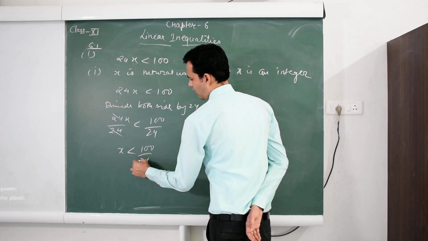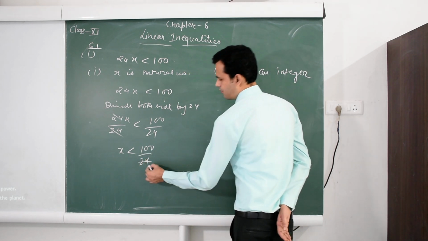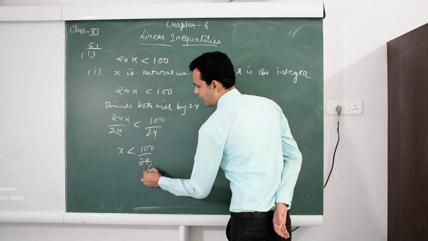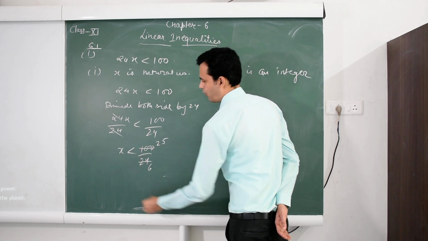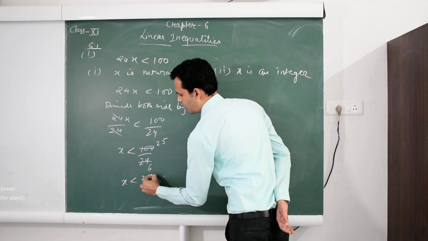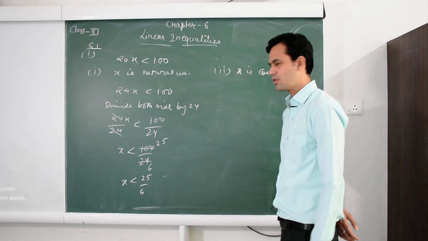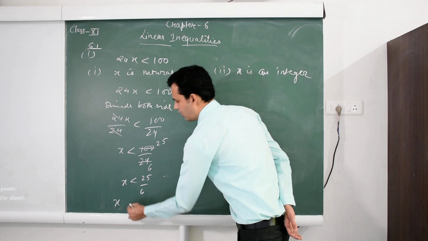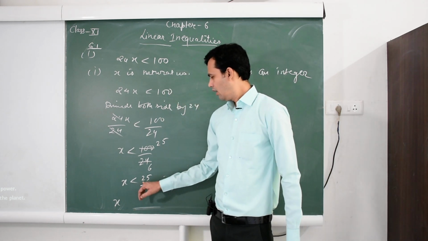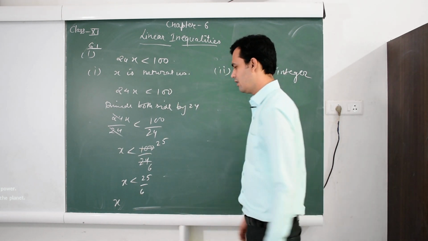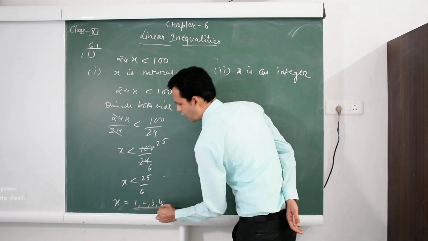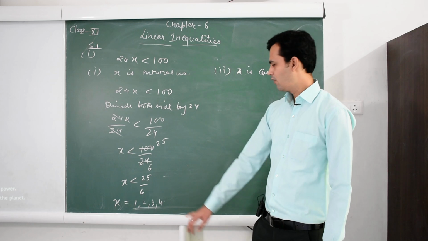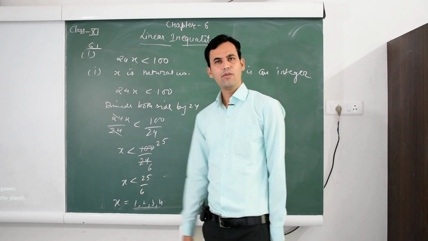Divide by 4, so we get 25 upon 6. So x is less than 25 by 6. So the value of x is less than 4 and more than 1. So x is 1, 2, 3 or 4. So the condition is true for x equal to 1, 2, 3 and 4.